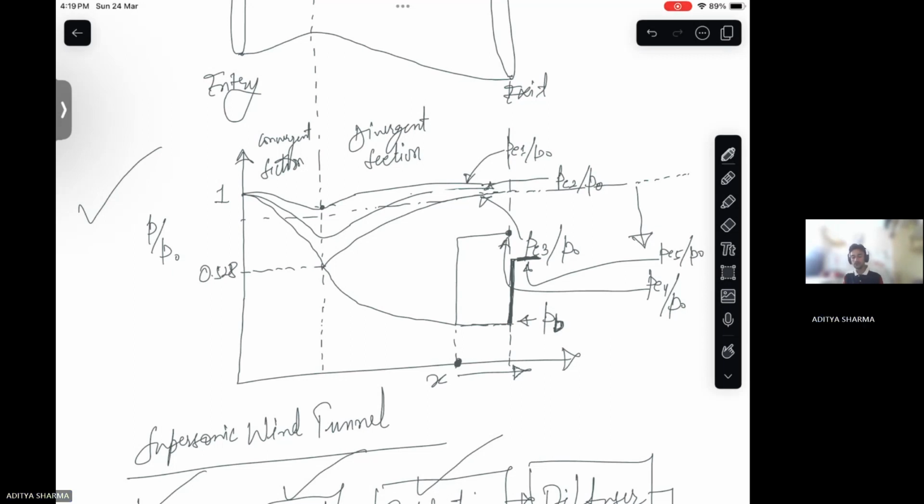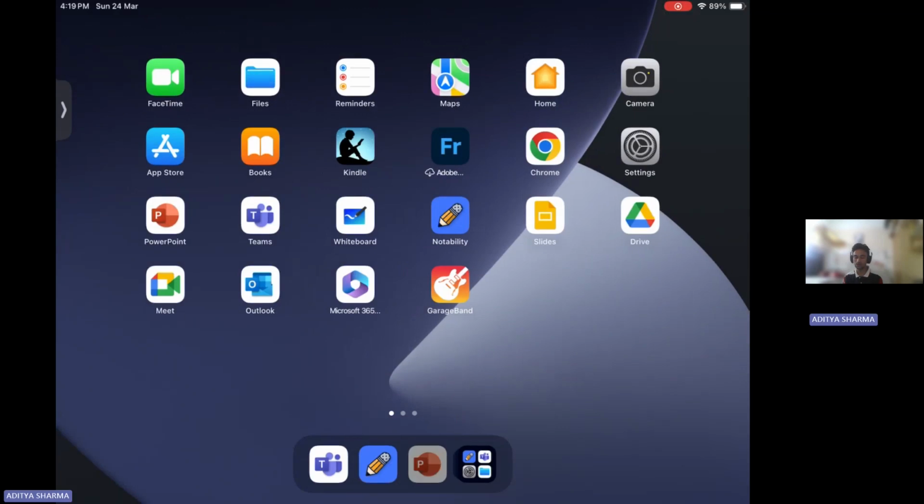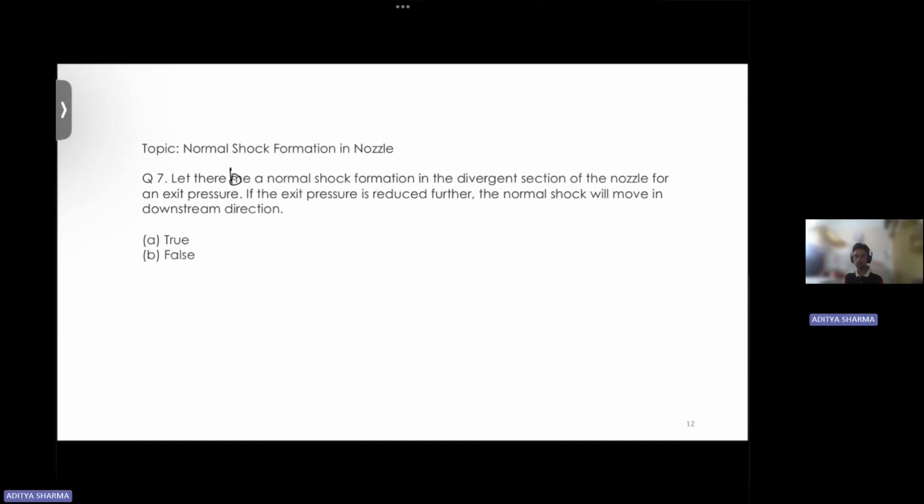So you can see that the shock has moved downstream and the exit pressure has also reduced with that. So if the exit pressure reduces, the normal shock goes downstream. So there lies the answer to this question. It has been correctly mentioned that the normal shock will move in the downstream direction. So the answer to this question will be true.